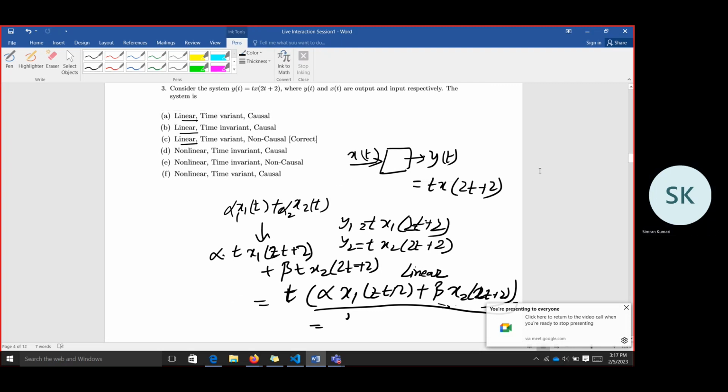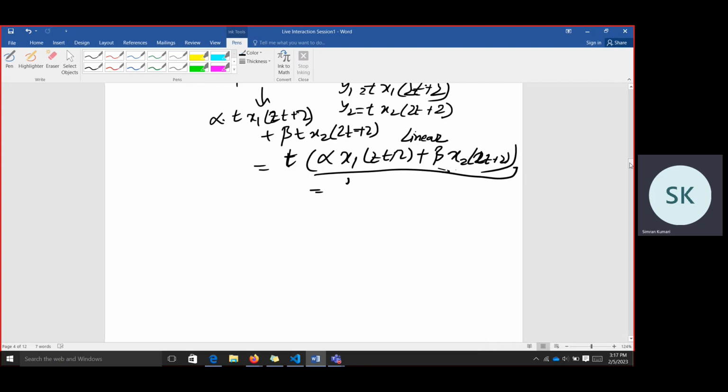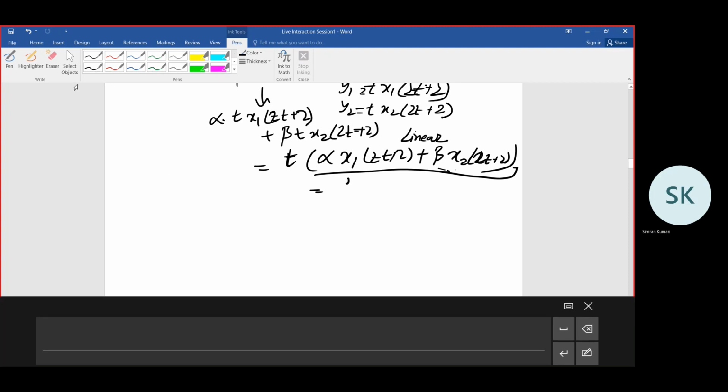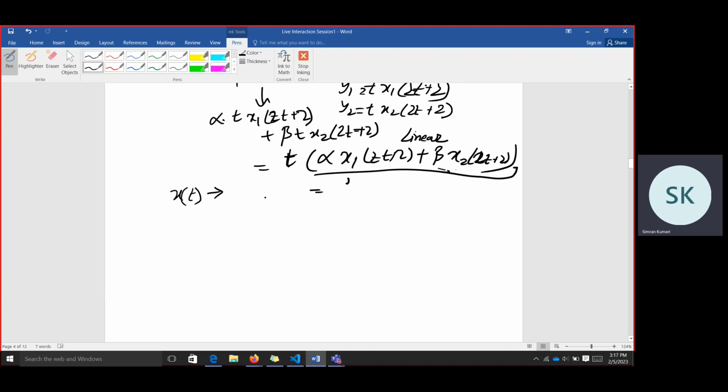What is the principle of time invariance? It is that if we apply x(t) it gives y(t), and if we apply x(t minus tau), like a delayed version of input, this output will also be a delayed version.